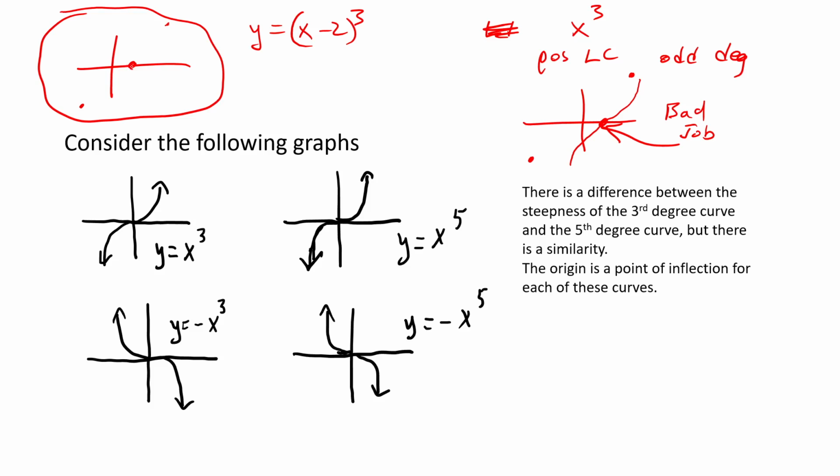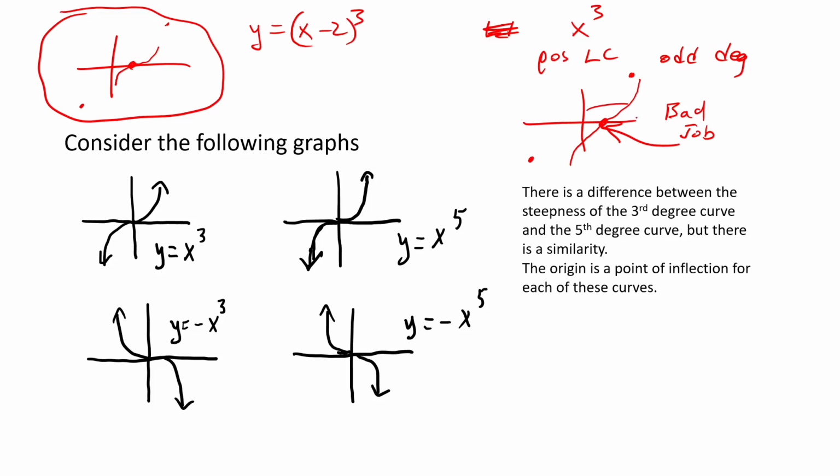What I do to make a good graph is I first sketch the behavior of the curve near the intercept, and I do it by starting on the x-axis itself and then drawing what the curve looks like going that way, and what the curve looks like going this way. And what I've now done is I've drawn myself a quality point of inflection.